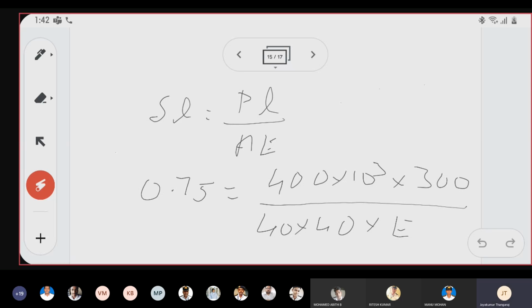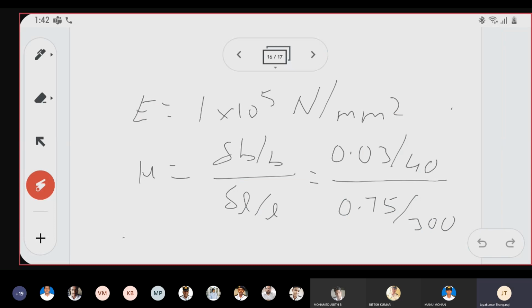The answer is 1 into 10 power of 5. The unit is very important: Newton per millimeter square. So E equals 1 into 10 power of 5 Newton per mm square.